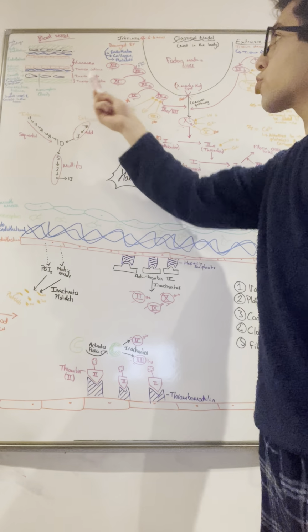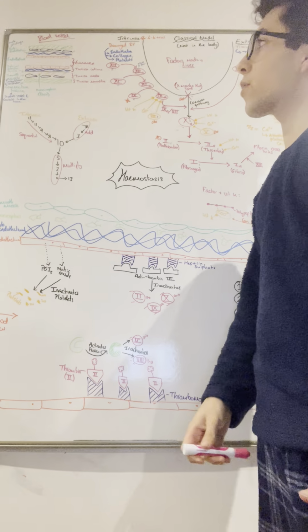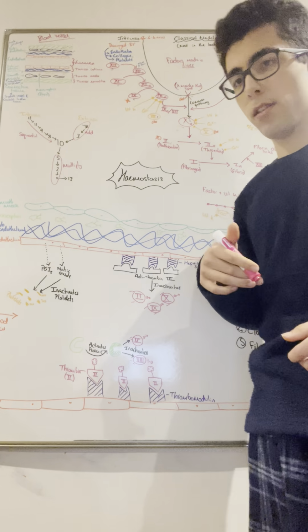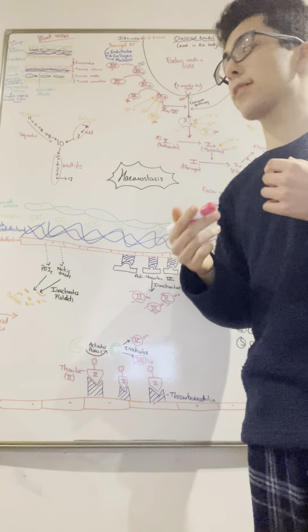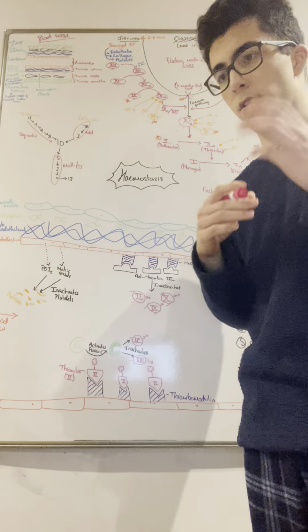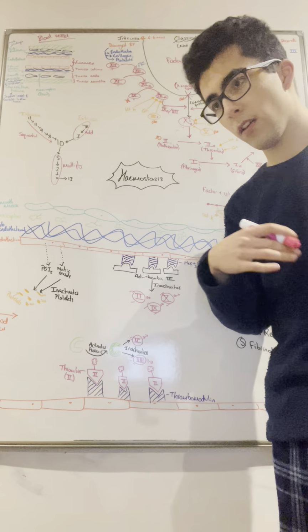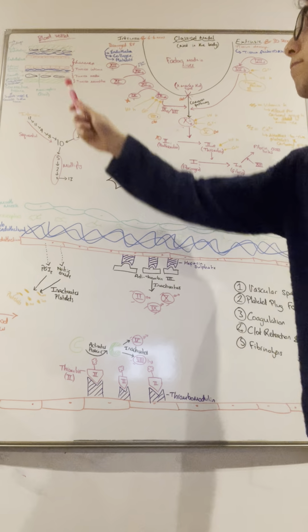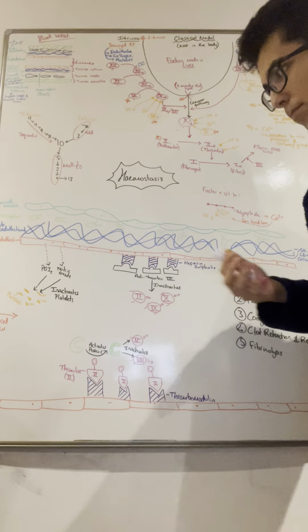And then we've got our tunica adventitia. So that's connective tissue. And its main purpose is to sort of support the vessel and connect it to its surrounding tissue. So that's the bit that sort of blends into our outer border. Okay, so that's our main sort of structure of a blood vessel.